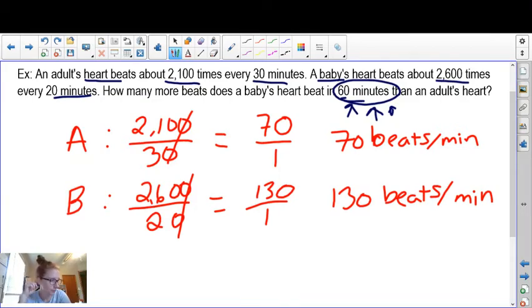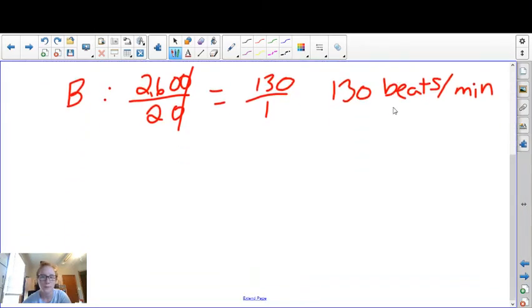Well, I need to somehow turn 1 into 60, because remember, denominator is my time. Well, in order to get that denominator to be 60, what I do to the top, I do to the bottom, so we're going to multiply it. So I'm going to take my 70 over 1, going back to the adult. And I switched to the blue because I wanted you to recognize we're on step 2.